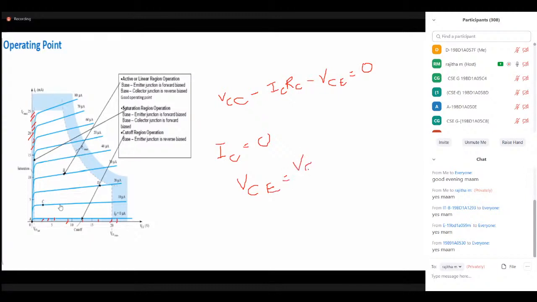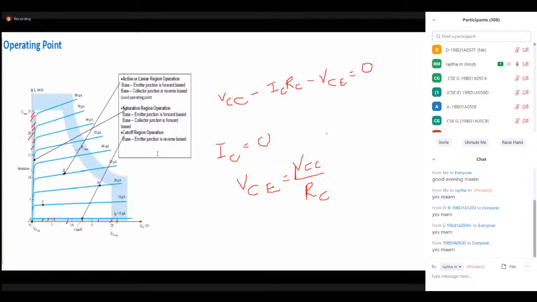The quiescent values are the operating voltages due to the applied DC bias.